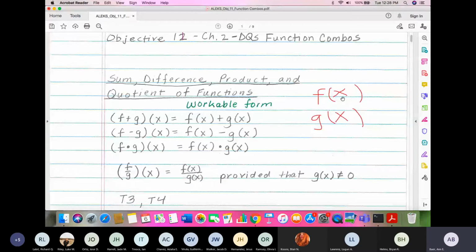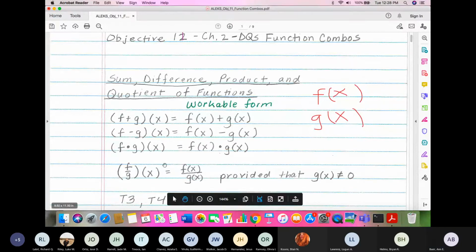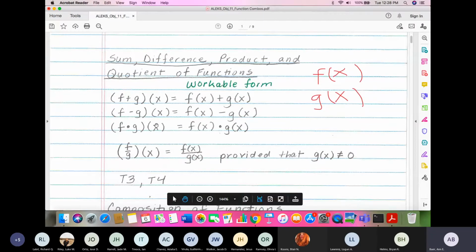The x is the input. The F, which is the y, is the output. So typically we're given problems in this form, and that's not a friendly form. We usually convert to what we call workable form.